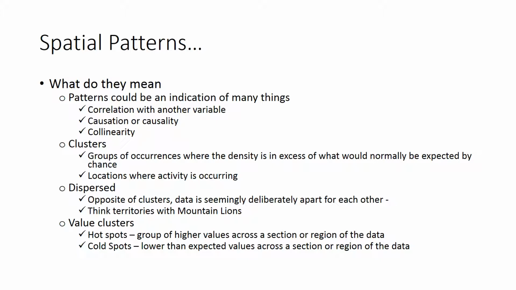So spatial patterns, what do they mean? Patterns could be an indication of a lot of things. For one thing, they could be a correlation with another variable. When you see certain clusters or certain patterns within data, maybe they're dispersed, maybe they're clustered, it could be that there is another environmental variable that whatever phenomena you measured or are interested in is strongly correlated with.